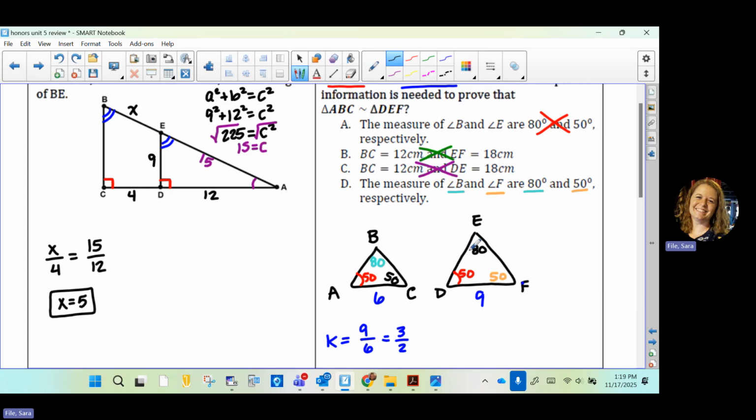If you have multiple sets of congruent angles in a triangle, yeah, the angle-angle theorem proves similarity. So knowing that piece of information that D told us, that would prove those are, excuse me, not congruent, similar. The angles are congruent, the triangles are similar.